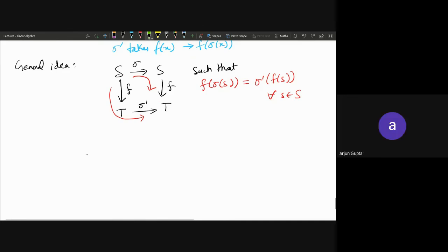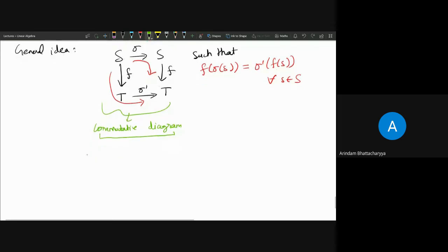Yeah, so this thing in general is called a commutative diagram, and these pop up very often in higher math. And a lot of the things you have been doing, so let's say additive functions, image of sum is sum of image, and there are many such things, right?